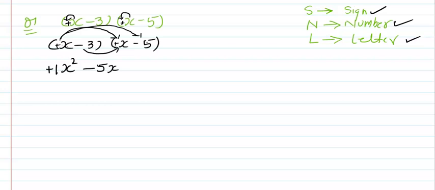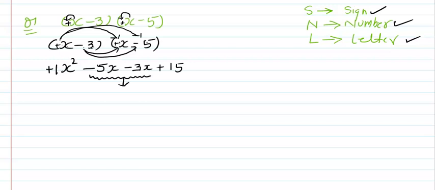Same thing here. First you multiply sign: minus and plus becomes minus, and 3 times 1 becomes 3, and there is no letter, so it should be x. This becomes plus: minus 3 times minus 5, number 3 times 5 is 15, and there is no letter, so just leave it. Now these two terms, minus 5x and minus 3x.